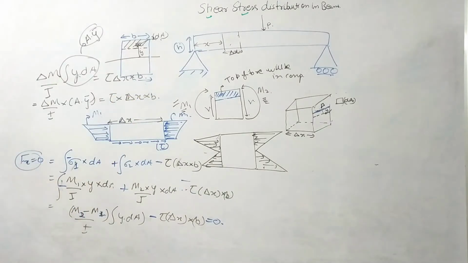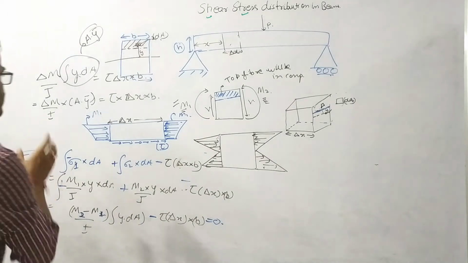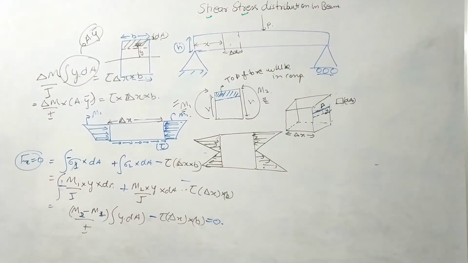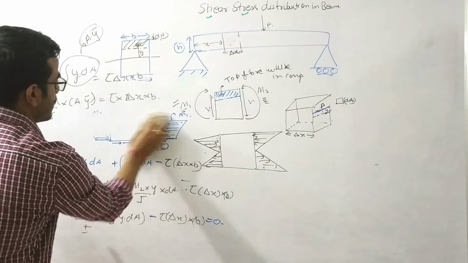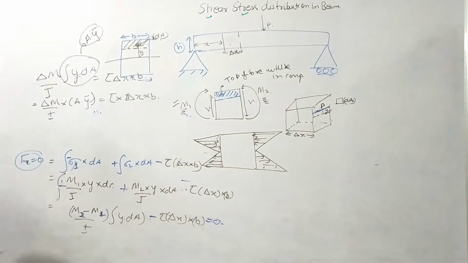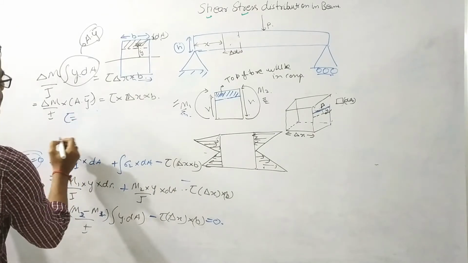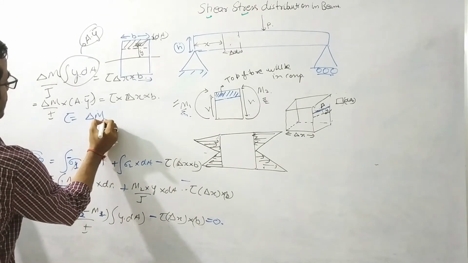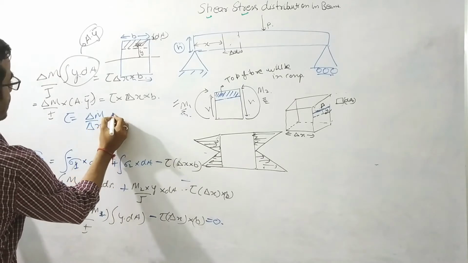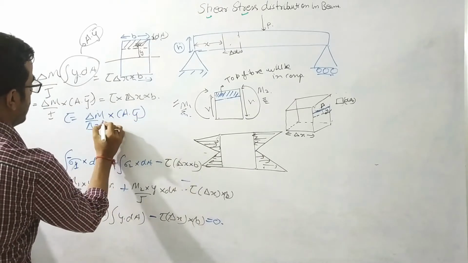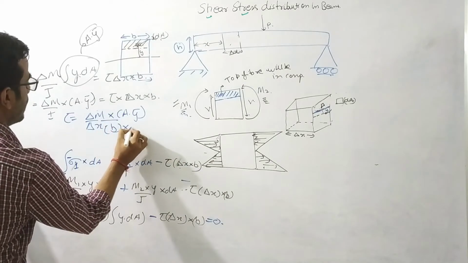If I solve this again, tau will be equal to delta M by delta x into A y bar upon b into I.